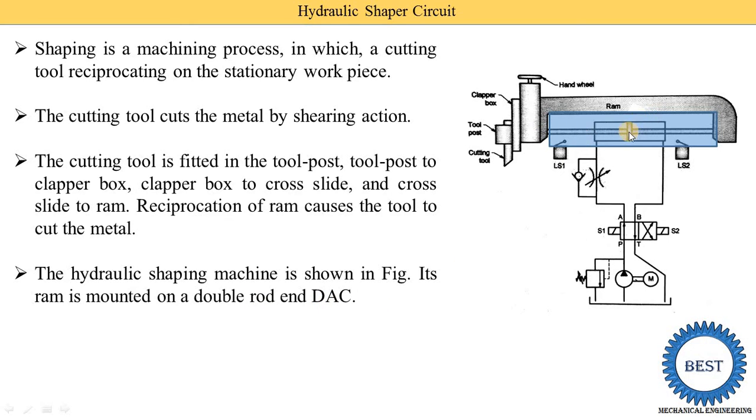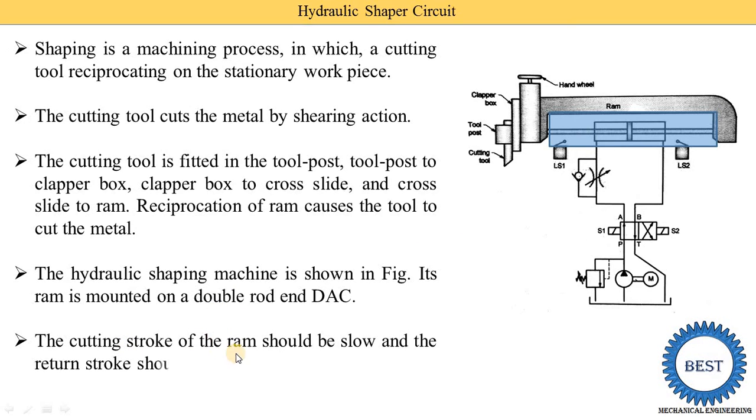Because on both sides of the piston a rod is provided. This is one rod, this is the second rod. That's why it is called a double rod cylinder. And DAC means double acting cylinder. Why is it double acting? Because on both sides of the piston an inlet and outlet are provided. Oil enters from this side and leaves from this side, and oil also enters from the other side and leaves from the other side. That's why it is called a double acting cylinder.